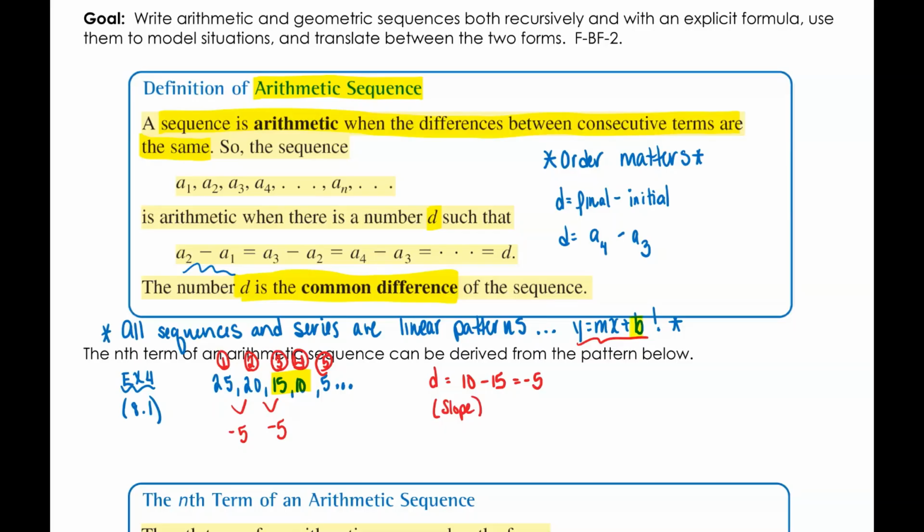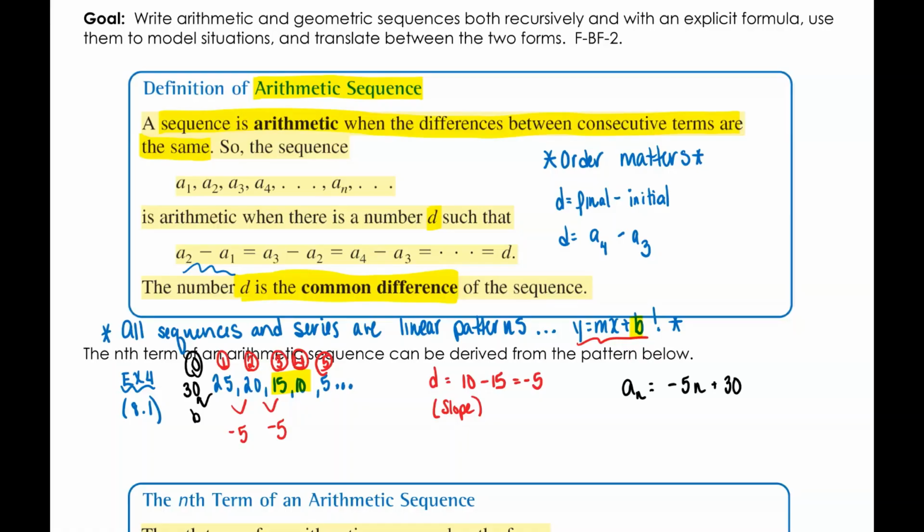That's where the graph crosses the y-axis. If we stepped backwards one and did the 0 term, that would be 30, and that gives you the b for your pattern. So the explicit formula here would be a sub n equals -5n plus 30.